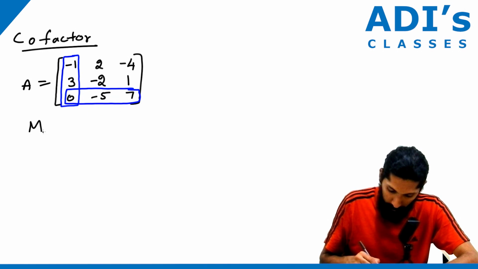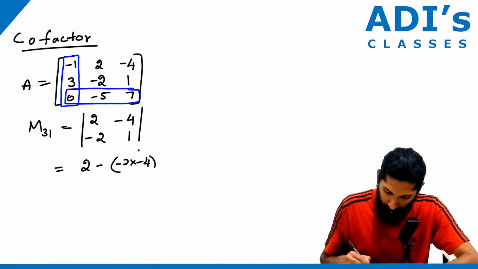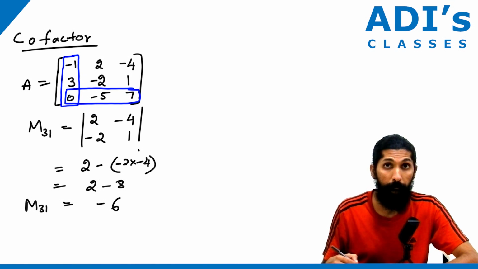Minor of third row, first column: determinant of 2, minus 4, minus 2, 1, which gives us 2 minus of minus 2 into minus 4, 2 minus 8, which is equal to minus 6. This is the minor of this particular element.